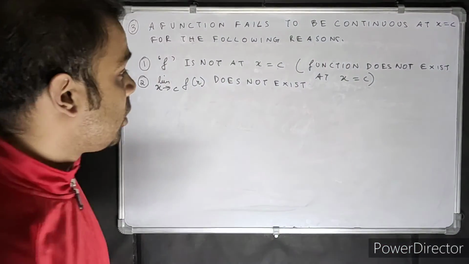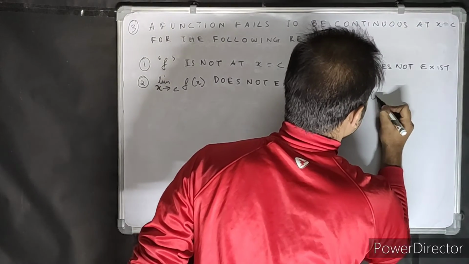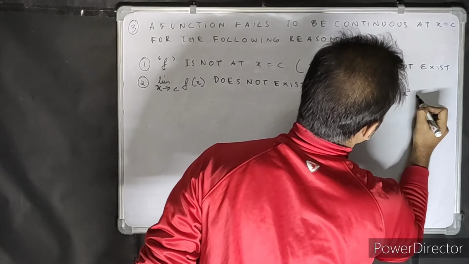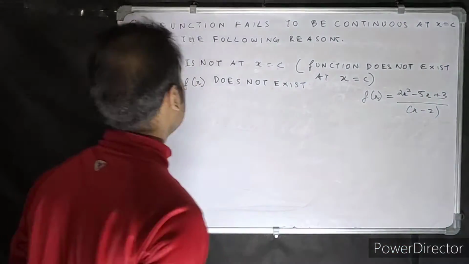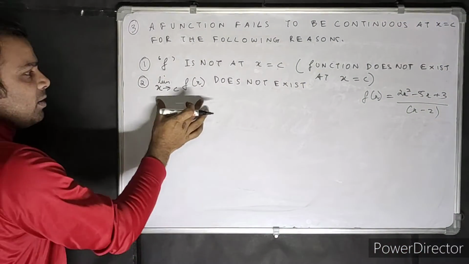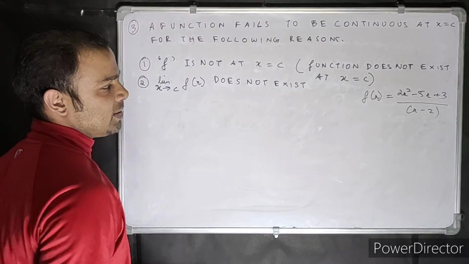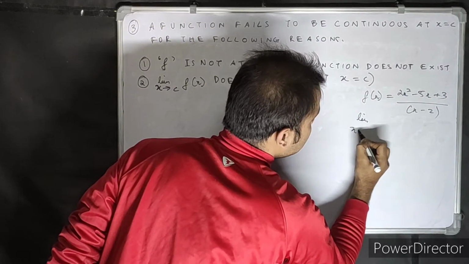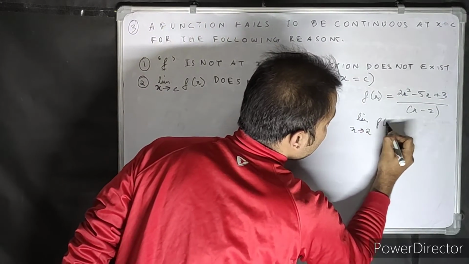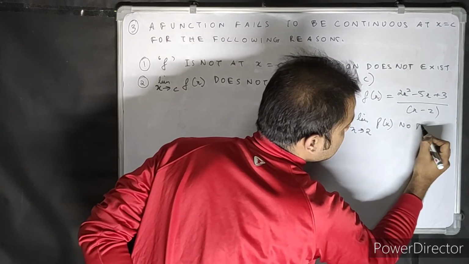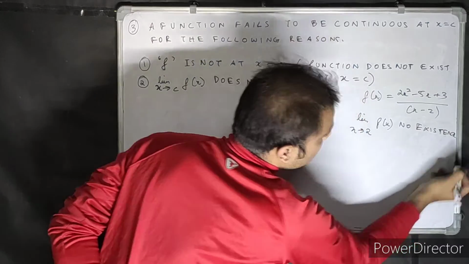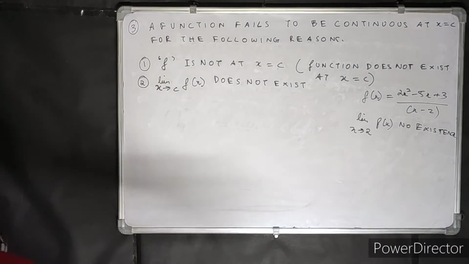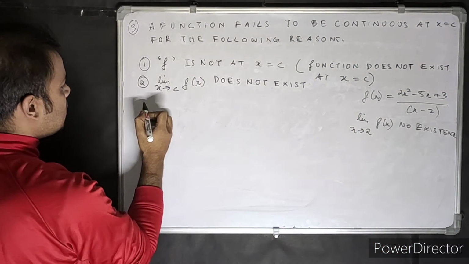Oh, I rubbed out the function also. 2x square minus 5x plus 3 divided by x minus 2. So when this as a whole does not exist, that means if I put limit of x tends to 2, f of x has no existence. There's no existence for this type of function. So what happens? Then for this there are two parts.